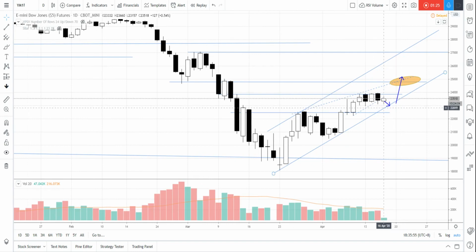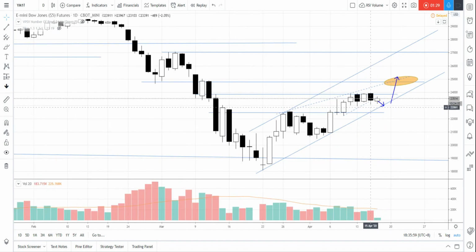Let's have a recap of yesterday's movement. Yesterday, as I talked about S&P 500 futures, I mentioned that it will potentially break the rising wedge. It's probably bearish at the moment, and I think we see the same thing in Dow Jones as well.